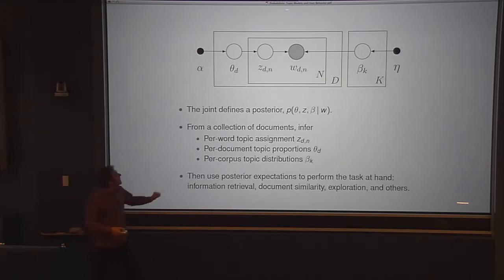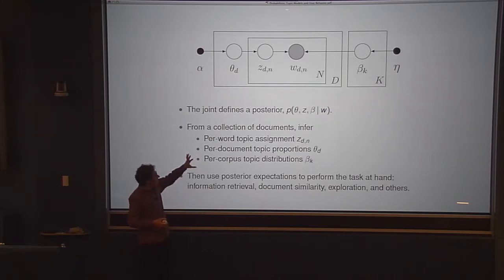In more detail, that joint distribution of topic proportions, topic assignments, and topics defines a posterior distribution. Given the articles, what is the conditional distribution of all that hidden structure? And the idea behind topic modeling is to then use posterior expectations of those variables to perform whatever task we have at hand: information retrieval, document similarity, prediction, recommendation, whatever it is.